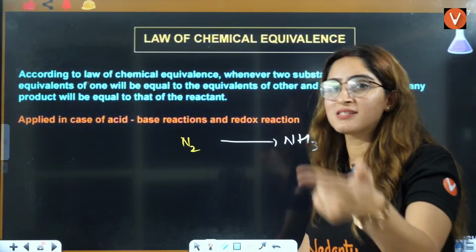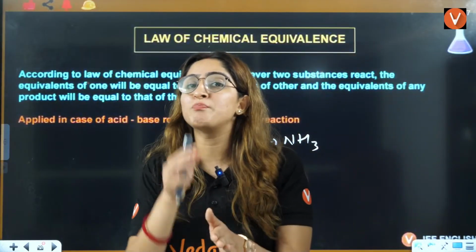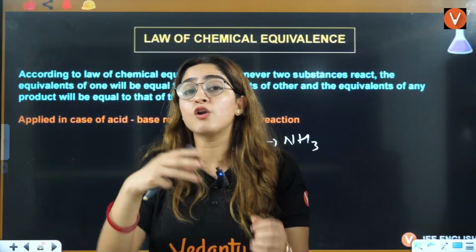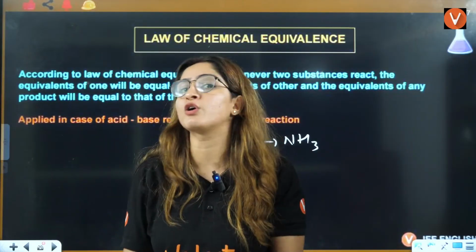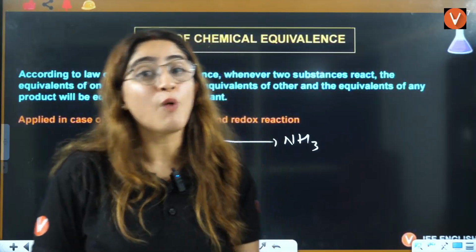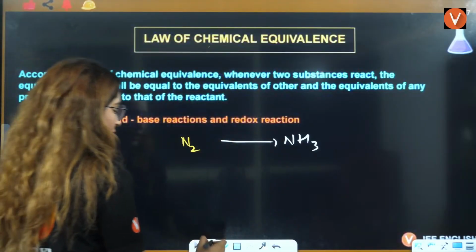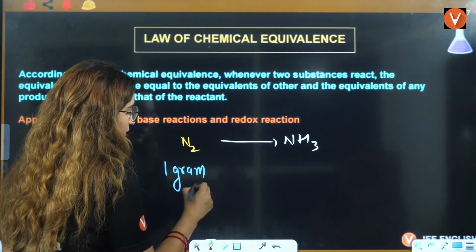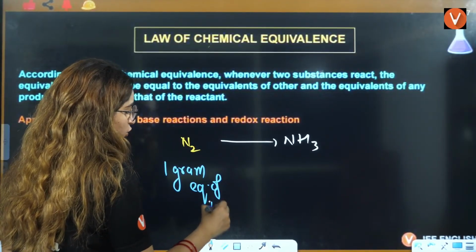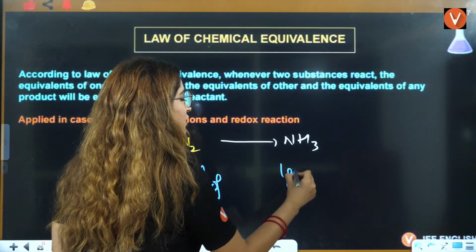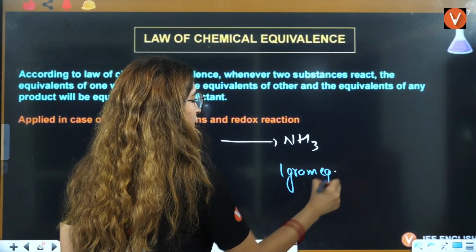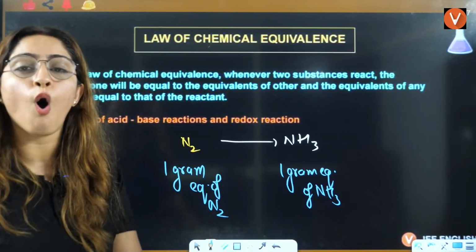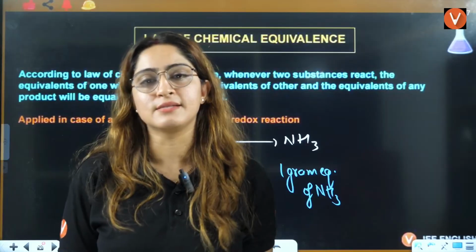Now, moles in these cases, when you can't balance the reaction, you are not sure whether the moles are equal or not. But one thing that we are sure of is that 1 gram equivalent of N2 is equal to 1 gram equivalent of NH3. That is the law of chemical equivalence.